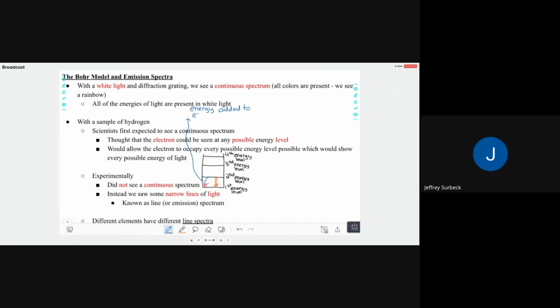As that's happening, the electron absorbs some energy and jumps to the next higher energy level. If it has enough energy, it could go from 1 to 3 or even 1 to 4. We're showing it going from 1 to 2 and then eventually crashing back down.